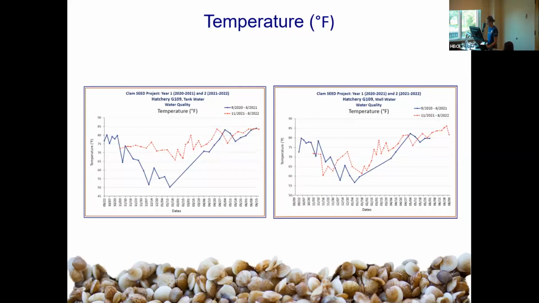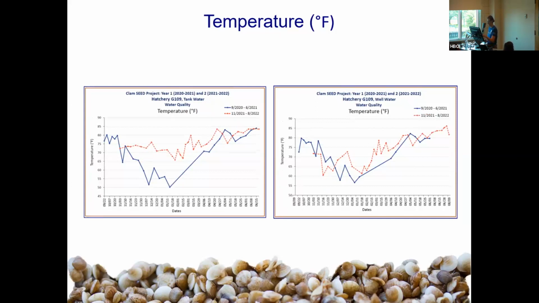This is a hatchery that uses well water, and something that was interesting for this particular hatchery is that the graphic on the left, which is the tank water, decreases further in temperature in year one, which is the blue line, than the graphic on the right, which is their well reservoir water at the same facility.